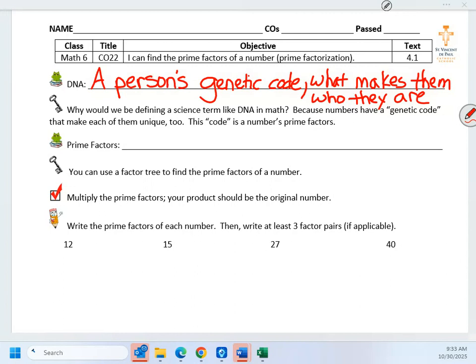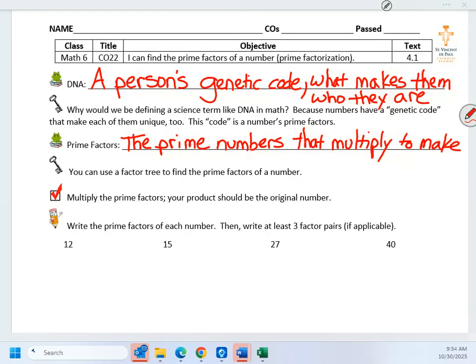So a prime factor are the prime numbers that multiply to make a given number.